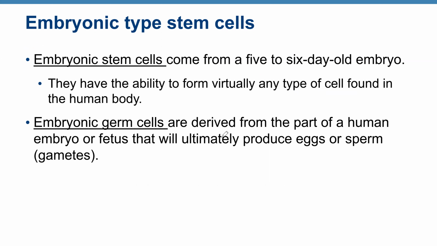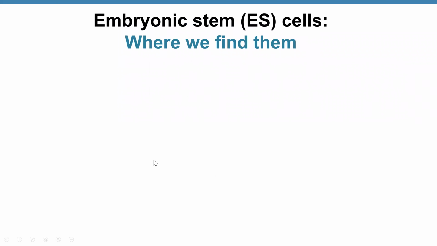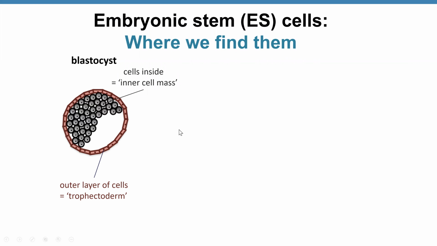Embryonic germ cells are derived from a part of a human embryo or fetus that will ultimately produce eggs or sperm. So embryonic germ cells, those are cells that will produce gametes, or eggs and sperm, in humans. So embryonic stem cells, where do we find them? We find them in a blastocyst during early development, in the inner cell mass.